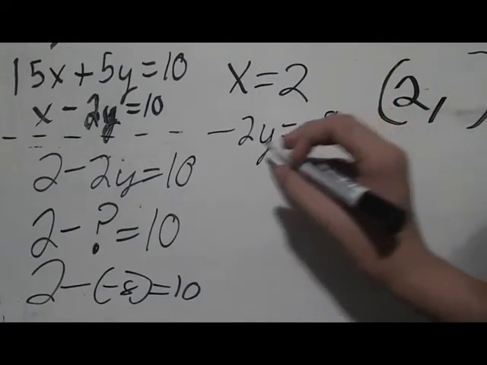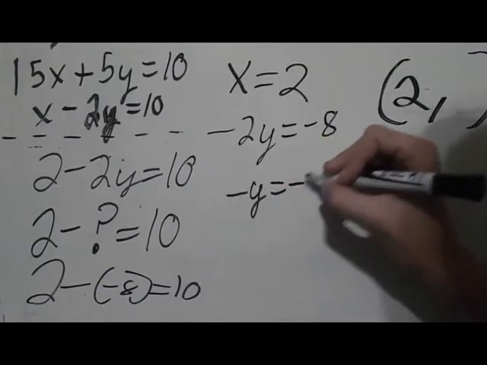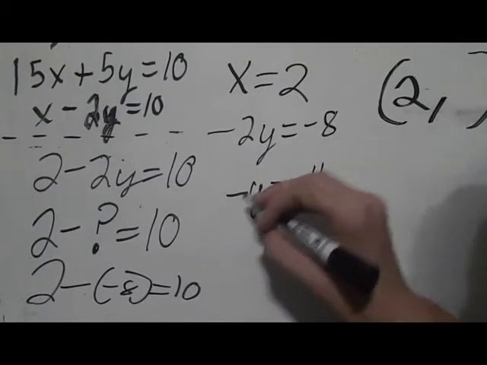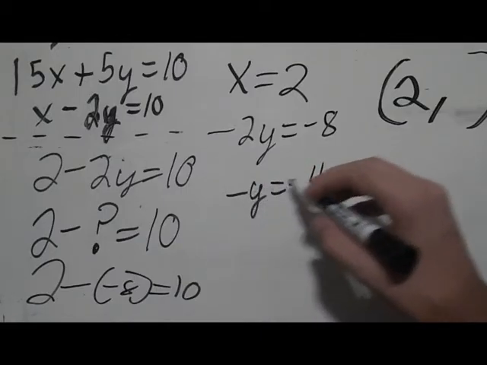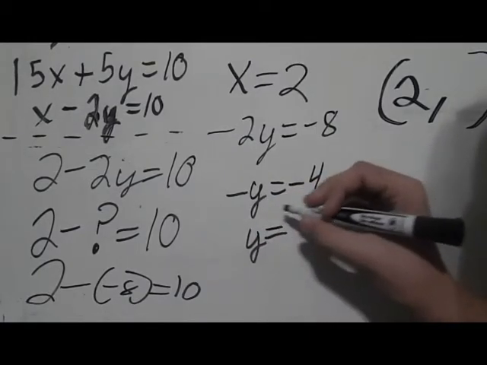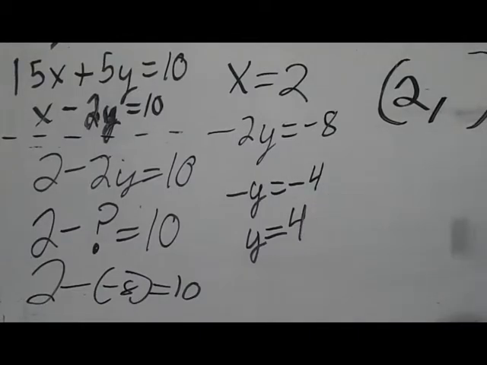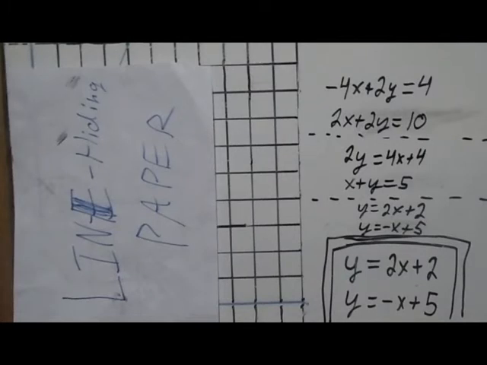We're going to divide these both by 2, which will give us negative y equals negative 4. Then we'll multiply this by negative 1 to make this equation positive, because we need a positive y, and that gives us y equals 4. So we're going to put 4 over here for our y value in the point, and that gives us our grand point of (2, 4).